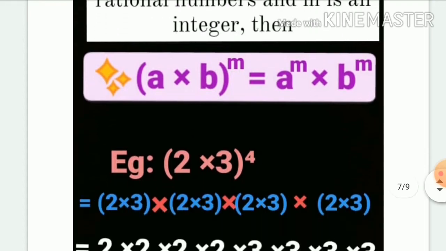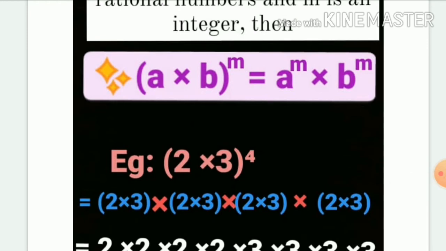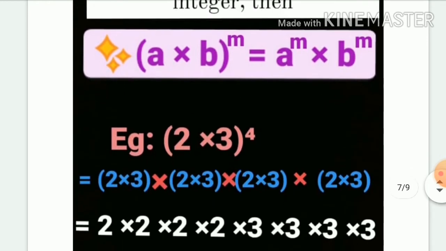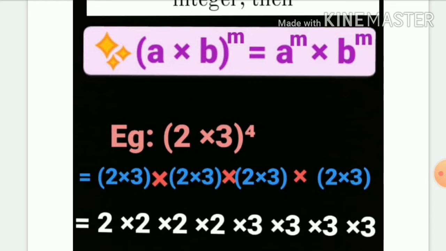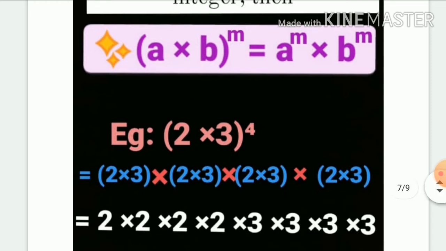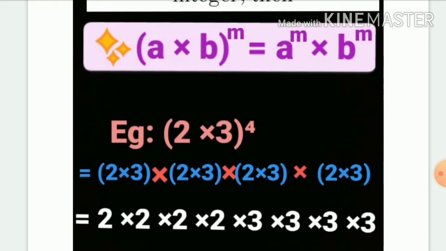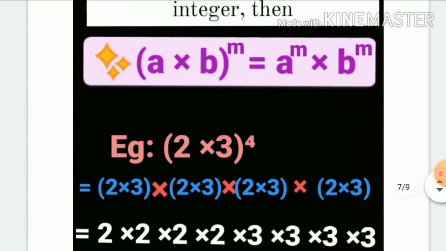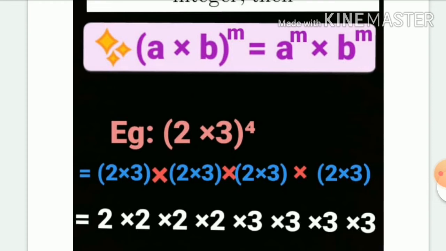So how did this law come into existence? Let us see. Now let us take one example and see whether this law is valid or not. See, 2 multiplied by 3, the whole raised to 4.